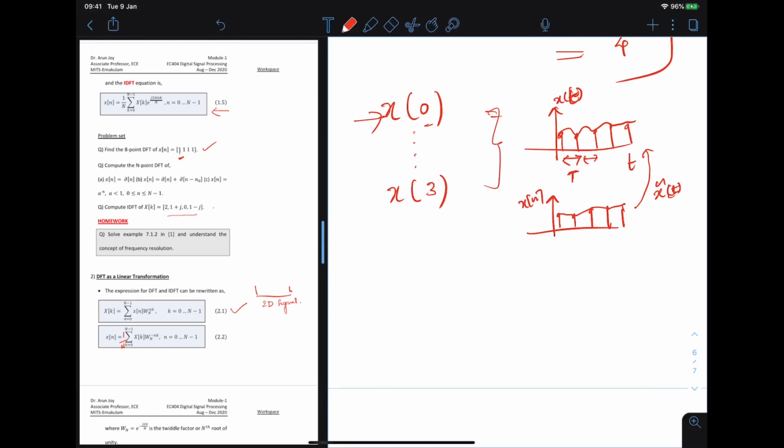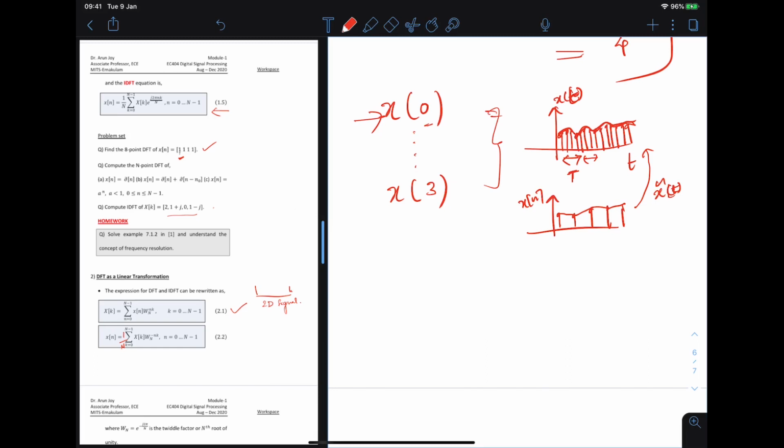Instead, what will I get if I am sampling at better rates? That is, I'm taking more samples in between. You can see it here itself. If I'm taking more samples here, when I'm connecting the dots, I'm going to get a better estimate of x of t. That is, I'm able to get back my original signal with very little error. So that is the advantage.